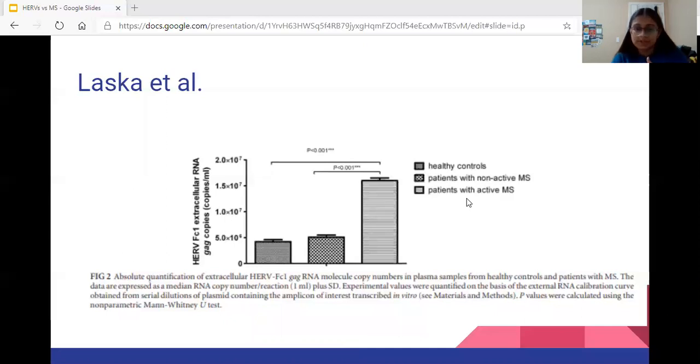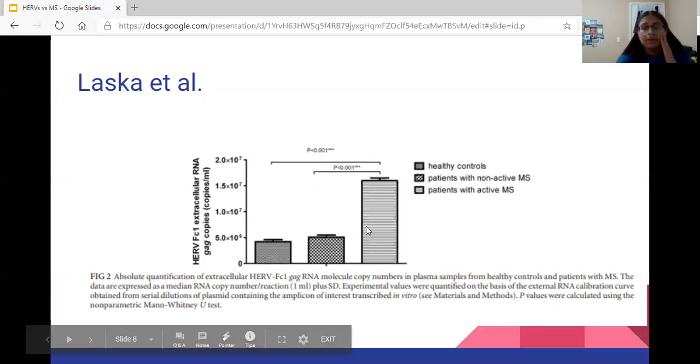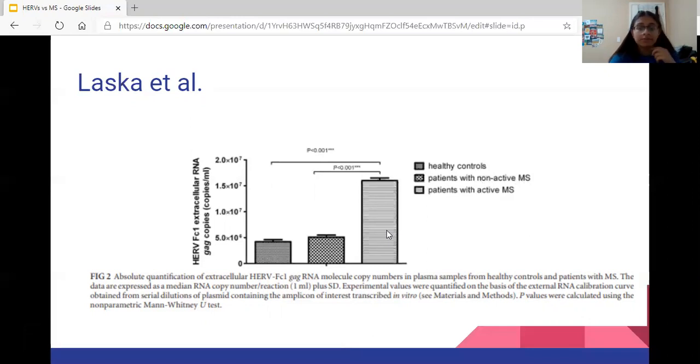As we said earlier, the GAG proteins exist within the brain in small amounts because they are remnants of the HERVs they originate from, right? However, they normally remain stagnant and unactivated. Additionally, you can see here that the healthy controls and, interestingly, the patients with non-active MS have relatively low rates of GAG proteins, but patients with active MS have 3 times the amount of GAG proteins.